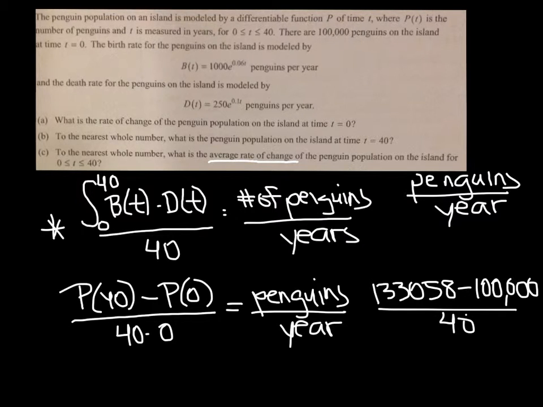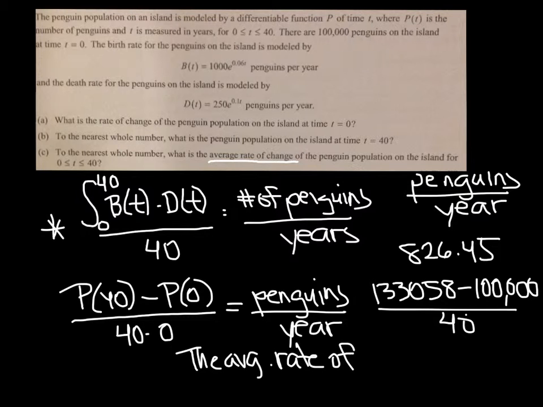So either way that you do it, you should get 826.45. So that means the average rate of change is 826 penguins per year. So for this problem, you just get 1 point for the answer. Average rate of change is 826 penguins per year.